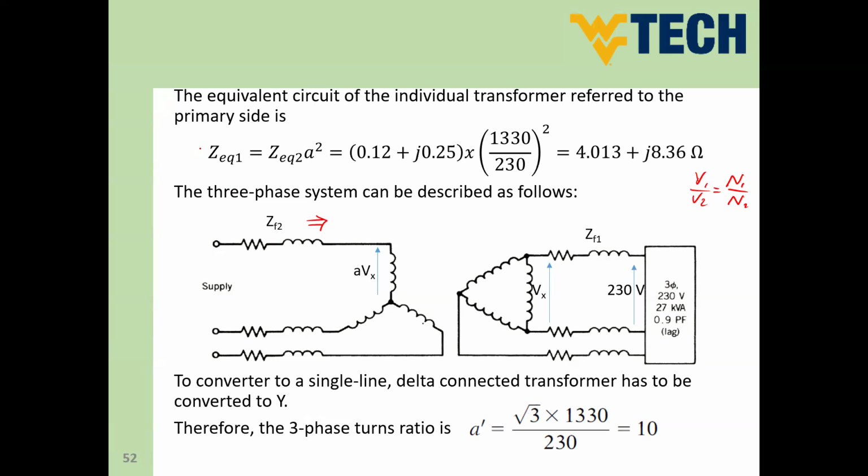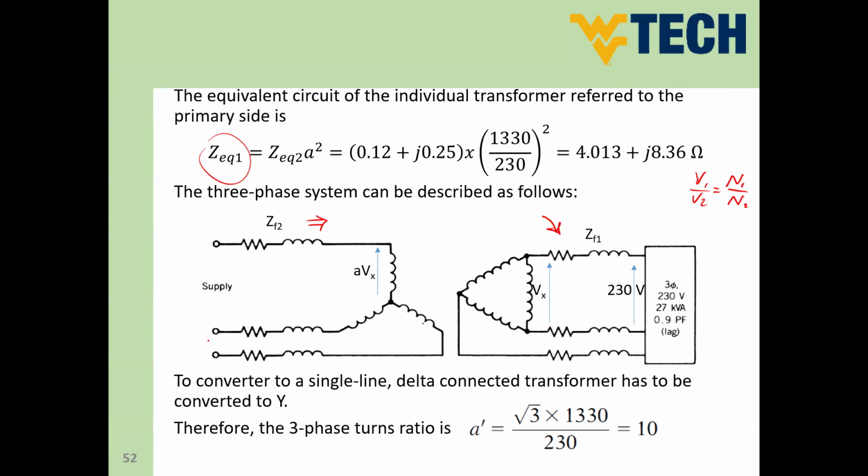So this Z equivalent 1 is the transformer impedance. But we still have another impedance here which is not considered yet. So let's see, guys, how the textbook is going to solve this part, and we will see if we have another way to transfer this impedance.